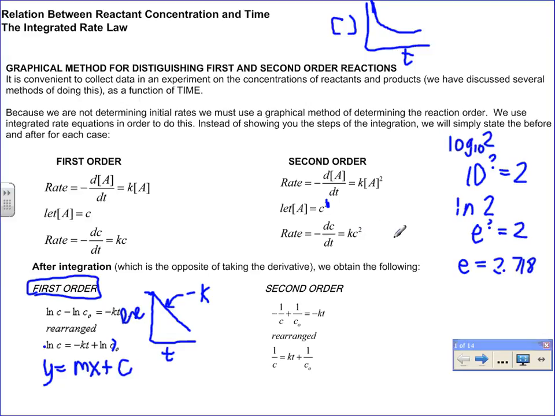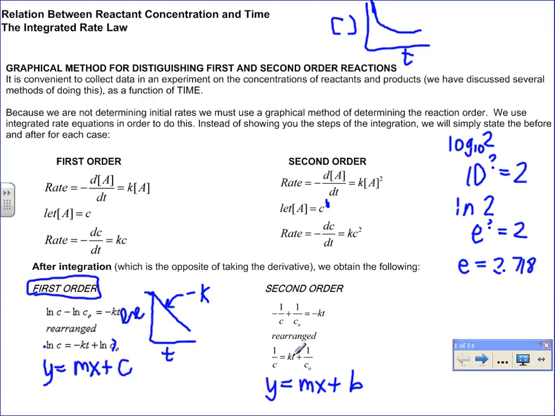When we integrate this, we are given this relationship. And when I rearrange this to put it in the form y is equal to mx plus b, I can see that for a second order reaction, there is another graph that will give me a straight line. This graph is different. The y value for this graph is 1 over c. The slope for this is k.